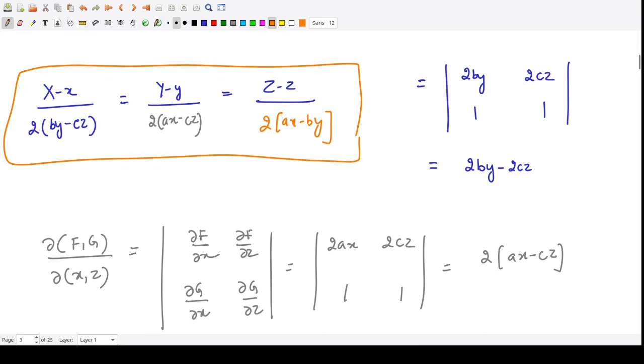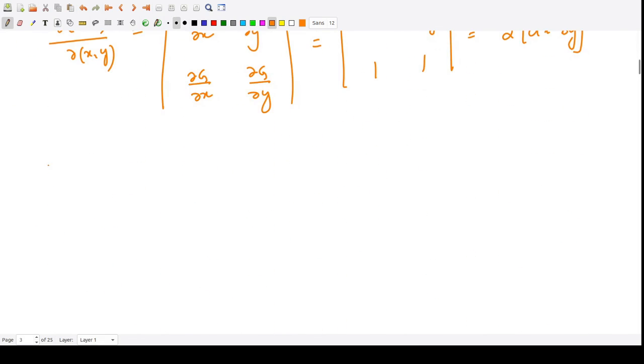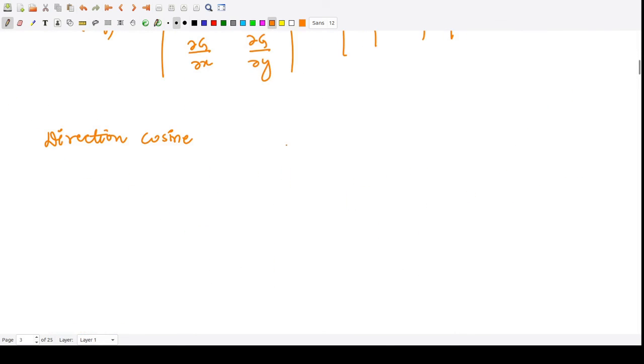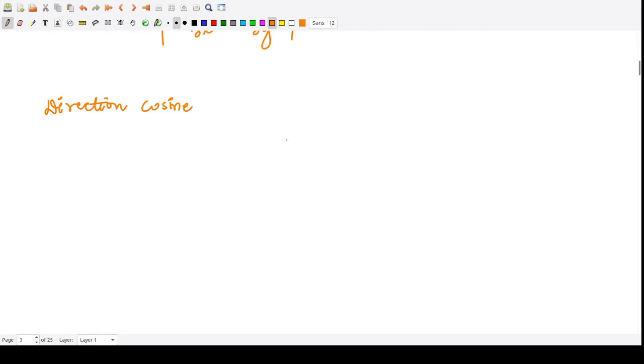And what are the direction cosines? The direction cosines are the quantities which are present in the denominator here, this quantity, and this quantity. So your direction cosines are present in the ratio.